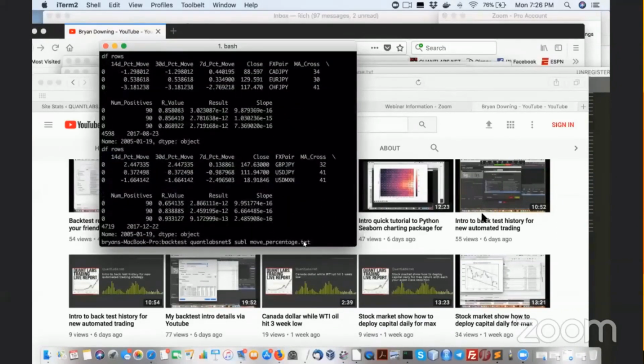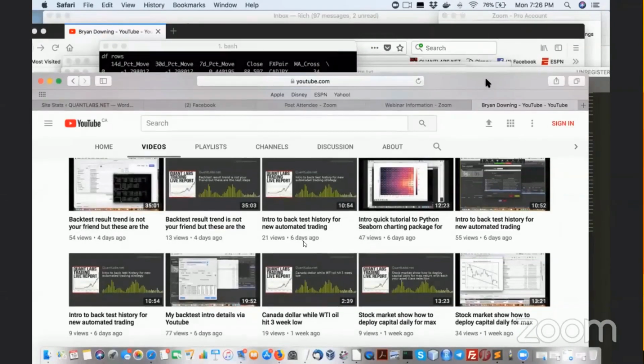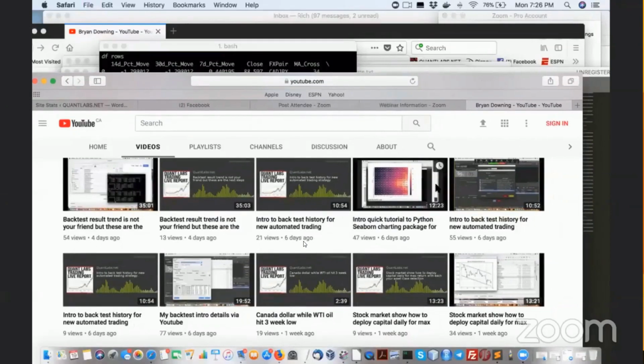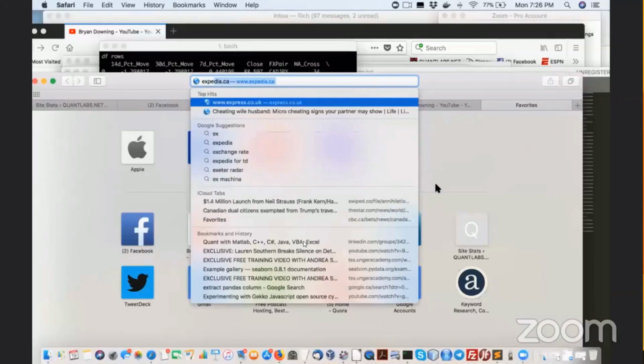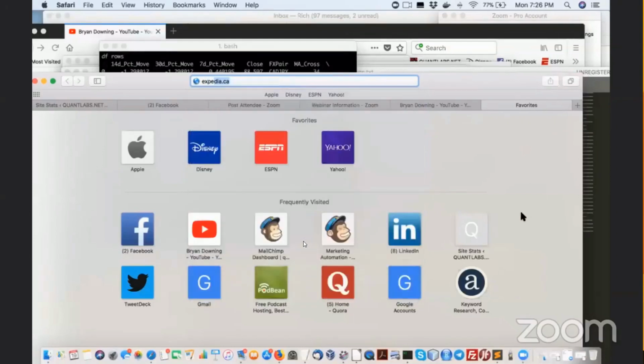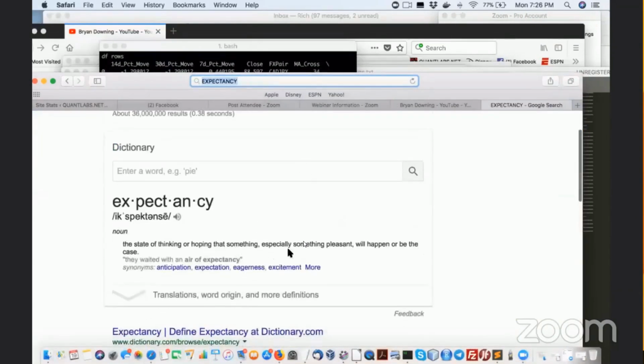Now, you're saying expectancy is the main issue. Okay, that can be defined in a lot of ways. Like I said, if you want to unmute yourself here, I'm going to look up that term, expectancy, just to make sure we are on the same page. Okay, so: a state of thinking or hoping something pleasant will happen to be the case.